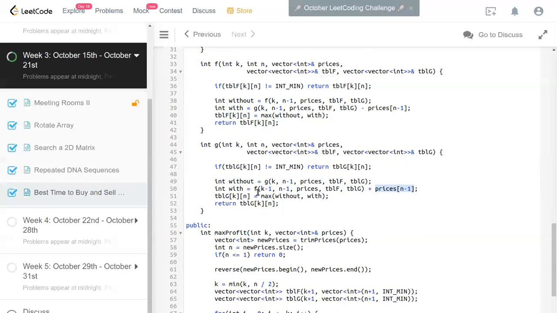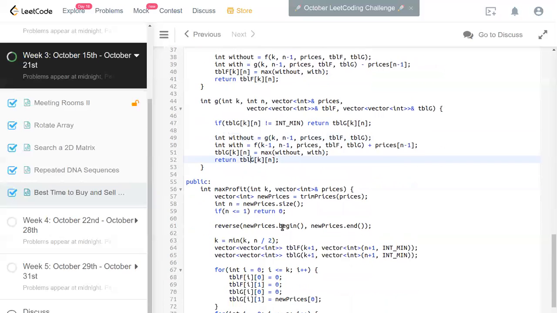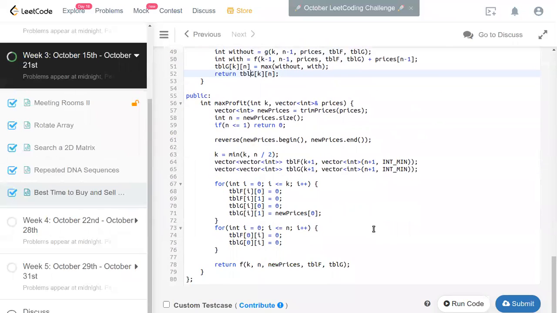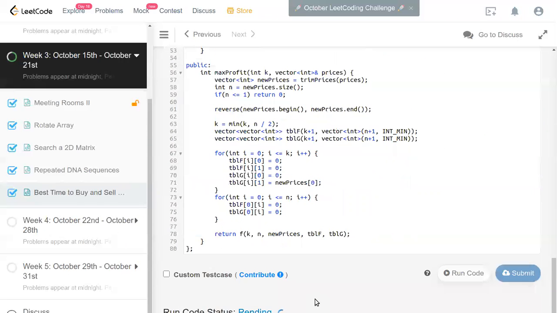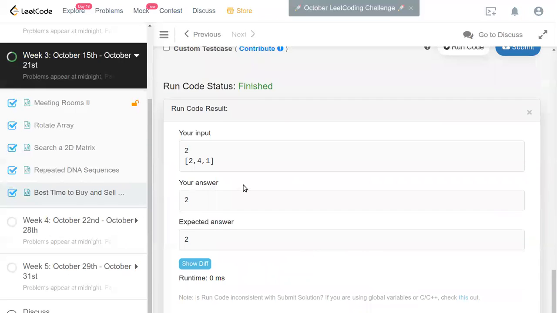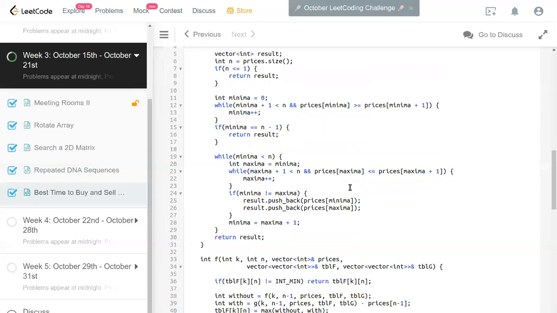That's why I'm adding this. And also we are solving for another problem called f of k minus 1 comma n minus 1, right? Take the max of these two possibilities, store it in the table and return from the table. So memoization works nicely here, and it should work. All right, so it works for the cases. Yeah, it worked here, but I'm not going to run this one or submit this one.